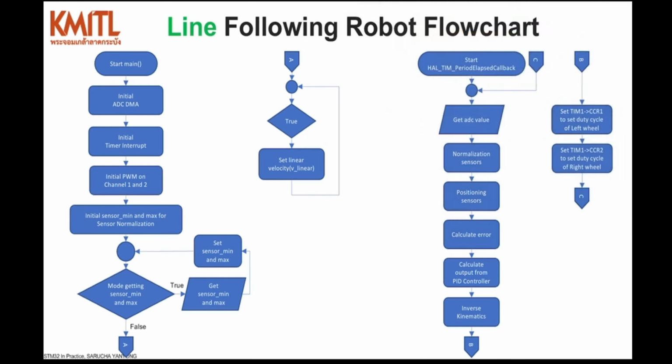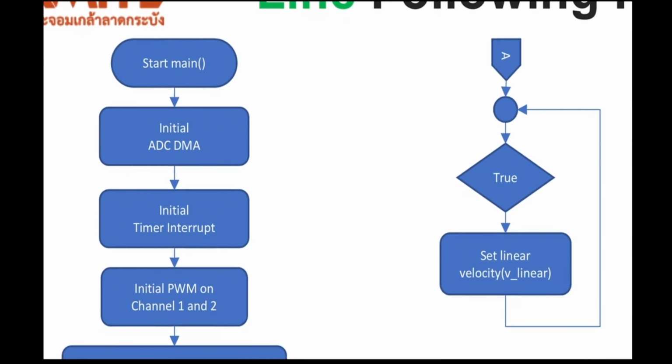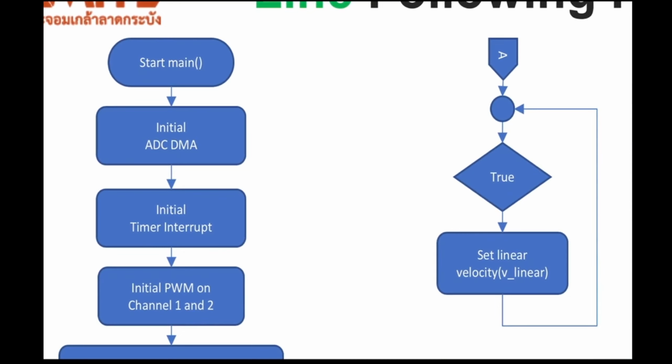I will start from the left hand side. That is the main program. Do you remember? When you need the information from the sensor, you need the information from the analog ADC module, right?